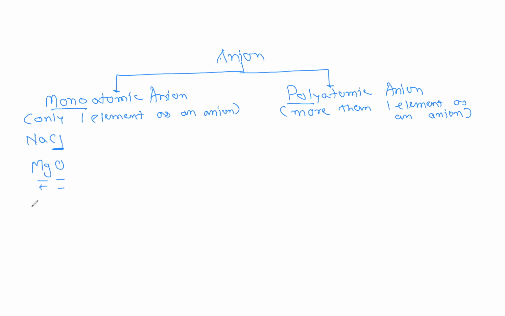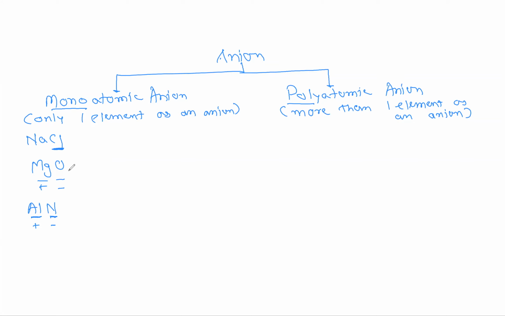Another example could be AlN. Aluminium is a cation. Nitrogen is an anion. What do we have as an anion? Just one element itself. Do you follow me? All right. So if you have just one element, it could still have more than one atom.